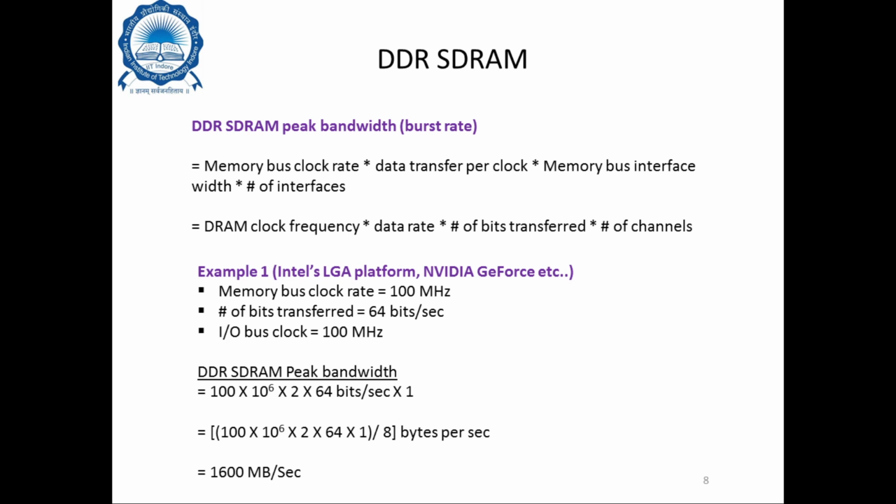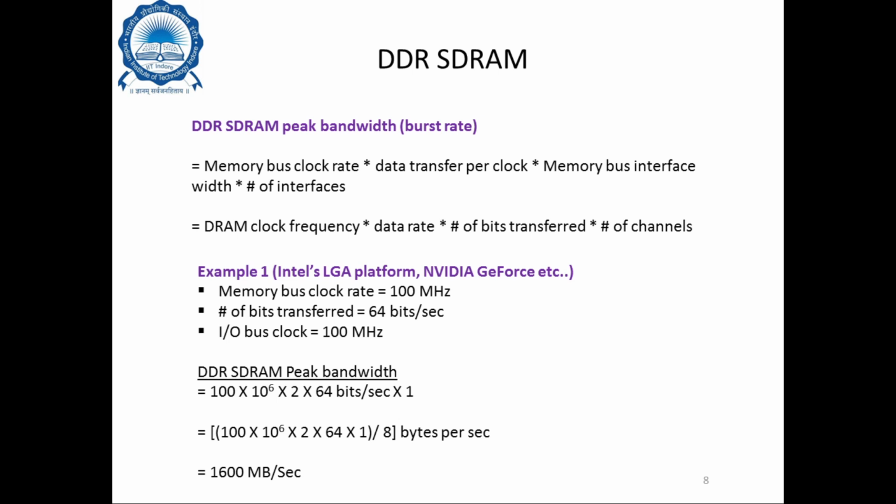Now let me talk about the DDR SDRAM parameters. This is very crucial. The first parameter is known as peak bandwidth. It is also referred to as burst rate. So what is peak bandwidth and how is it mathematically defined?